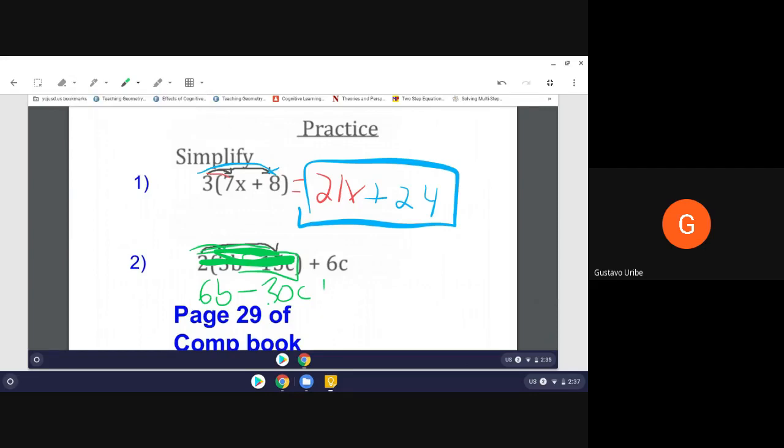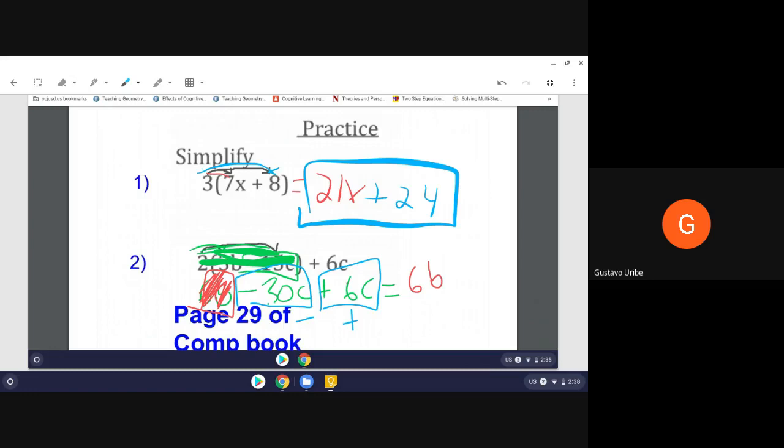Now I'm going to put plus 6c. And now we're going to combine like terms. So let's see what I can combine. Okay, 6b. Well, there's no other variable b here, so that's going to go to my answer. I'm going to go ahead and get rid of this so that I don't get confused. I know that I'm done with that. And now I have a negative 30c and a positive 6c.